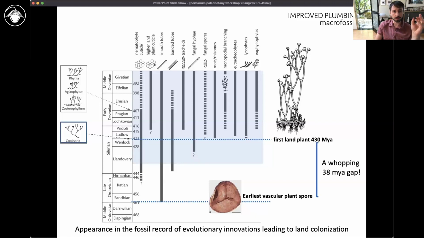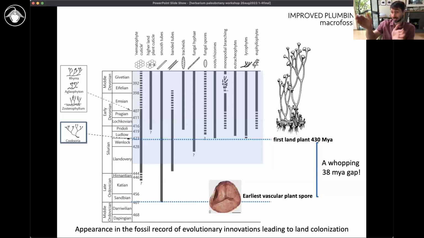So between the appearance of these sorts of trilete spores and the appearance of definitive fossils of Cooksonia, we have about 38 million years of evolution going on. It took a long time to get this sort of trait. 40 million years ago was a long time ago from today.